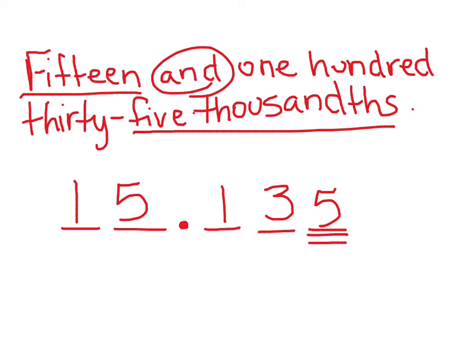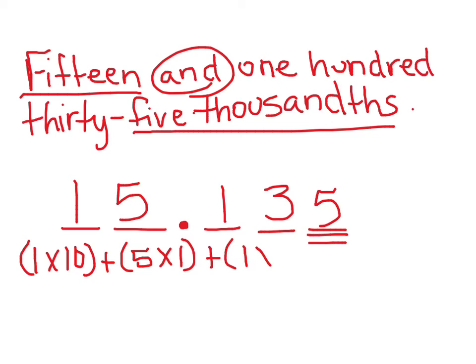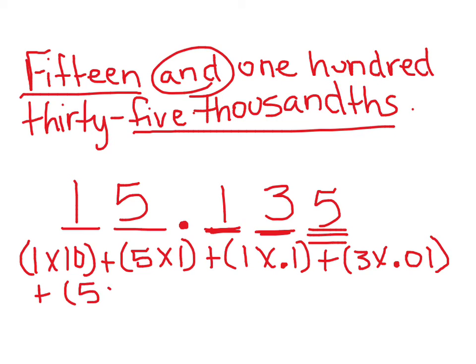If I asked you to put it in expanded notation, it would be 1 times 10 plus 5 times 1 plus 1 times 0.1 plus 3 times 0.01, because this would be a 0 and this would be 1, plus 5 times 0.001.